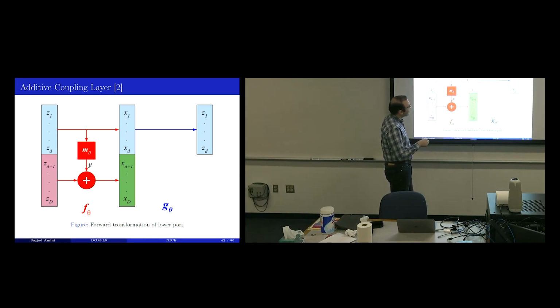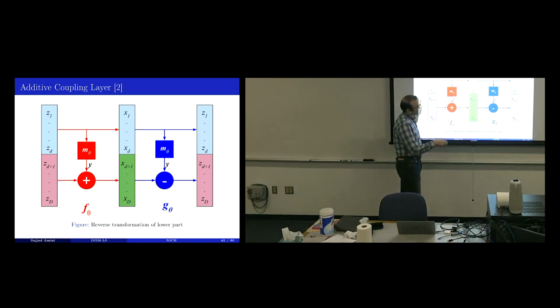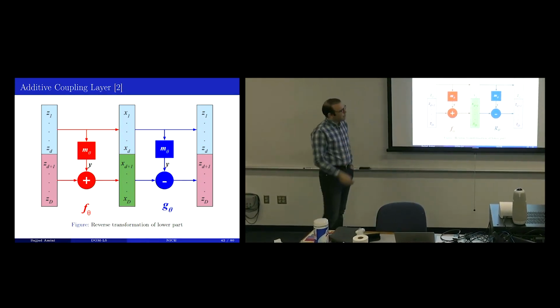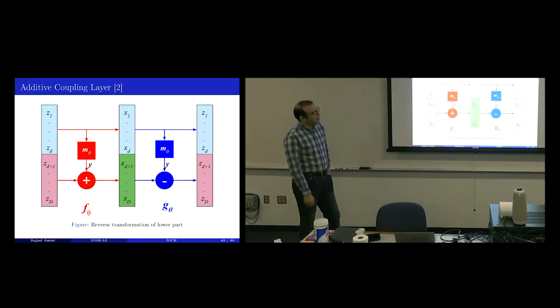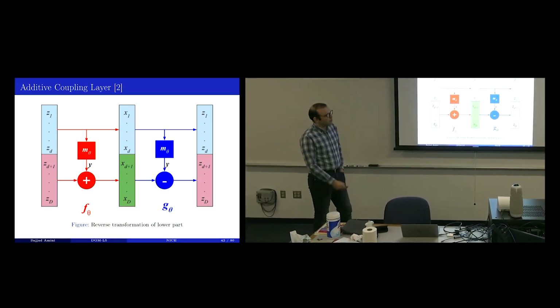How can we invert this procedure? Because you have the first part exactly copied in the first part of the observed data, you can easily again generate y using this first part of your observed data, and then if you subtract it from the second part here, you can generate z. So it is invertible and can be easily used as one layer in a model based on normalizing flow.